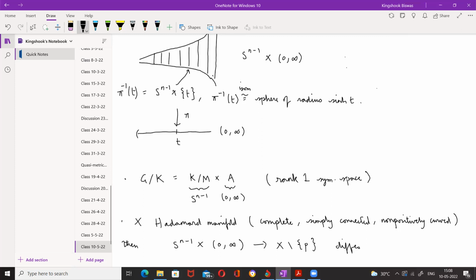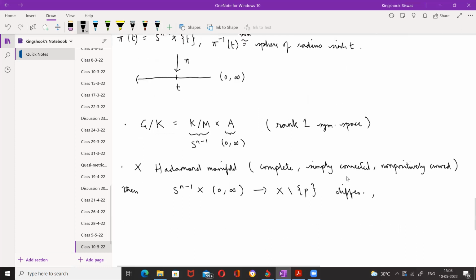Given by the exponential map. It's just (u, t) goes to exp_p(tu), where you identify u as a unit tangent vector, the unit tangent sphere at p, with S^{n-1}.